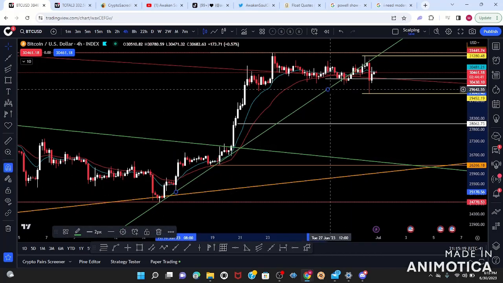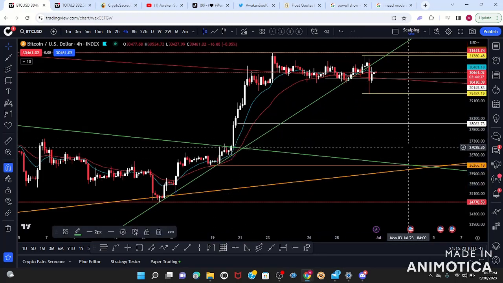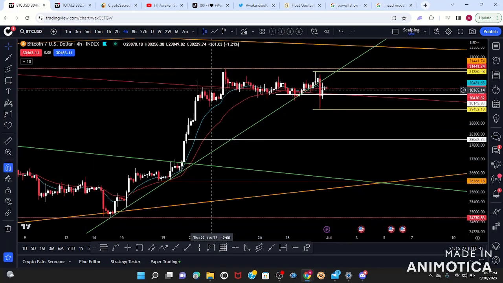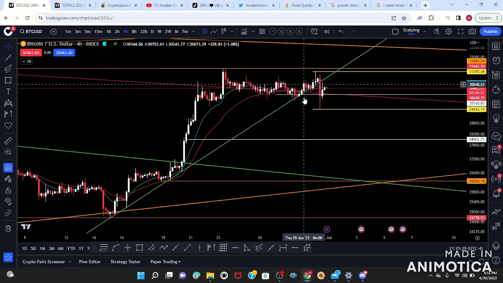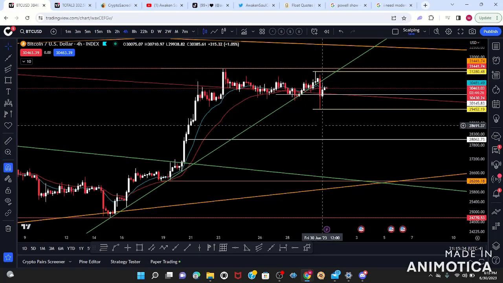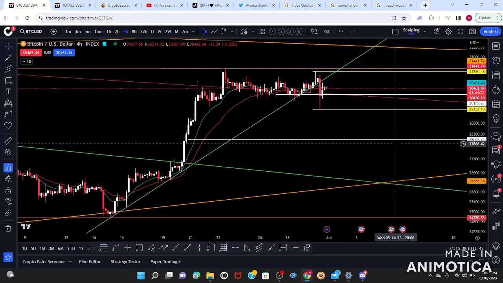So 1 touch, 2 touches, right? The reason I want to show you this is because you can see how price action was coiling right on the 4-hour trend line, broke down, and we kind of went back and retested. That's my observation, right?